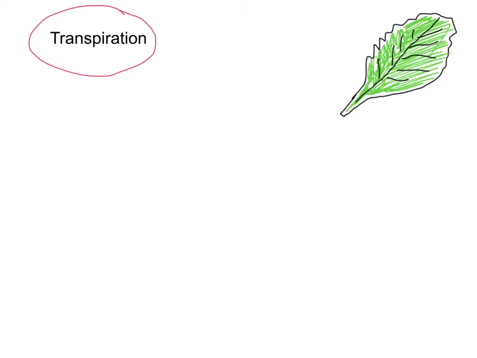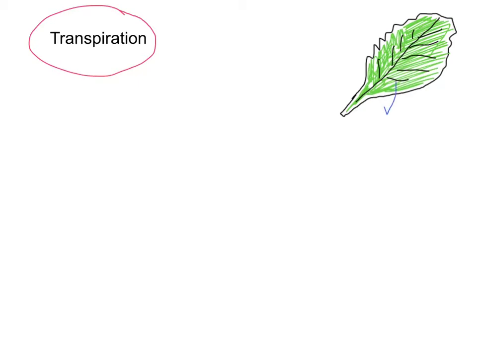So we've got a leaf over to the side here. Now, I've said in a previous video that on the underside, and also to a lesser extent on the upper surface of the leaf, we have these holes or pores called stomata. Now, transpiration is the evaporation and diffusion of water from inside the leaves of a plant from those stomata.